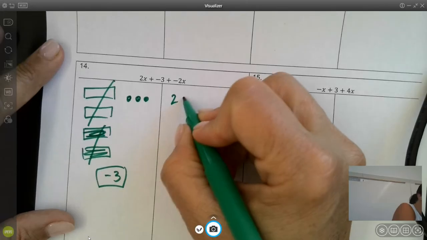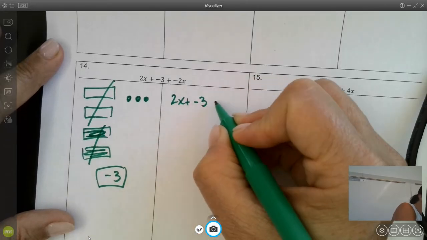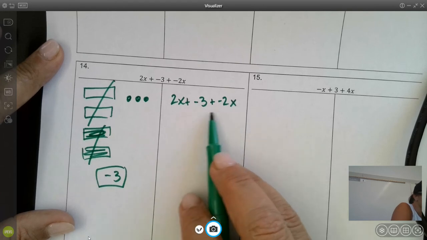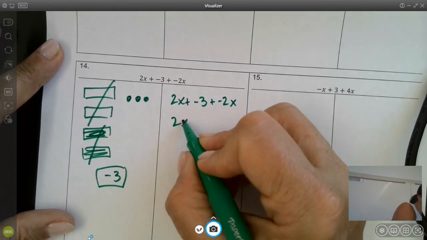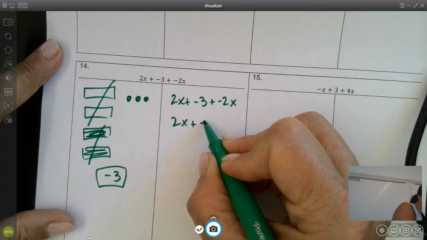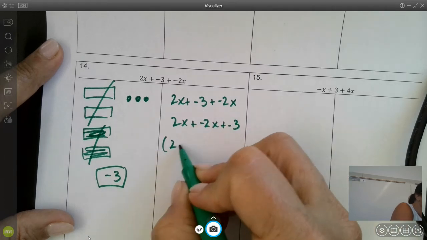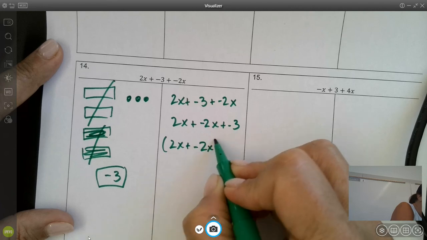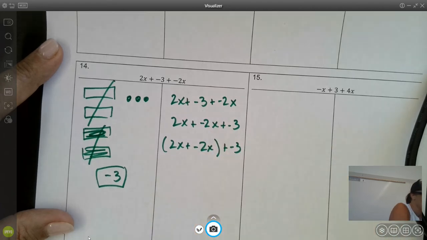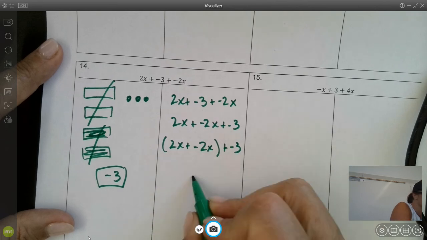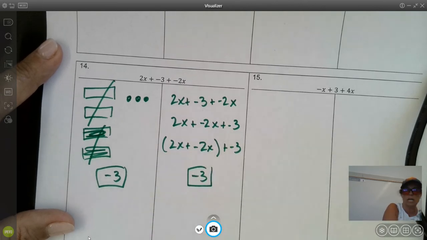Okay, I'm going to recopy this problem. I'm going to commute these 2. So 2x plus negative 2x plus negative 3. And then I'm going to group together these x terms. These go away. They're 0 pairs. So I'm just left with that negative 3.